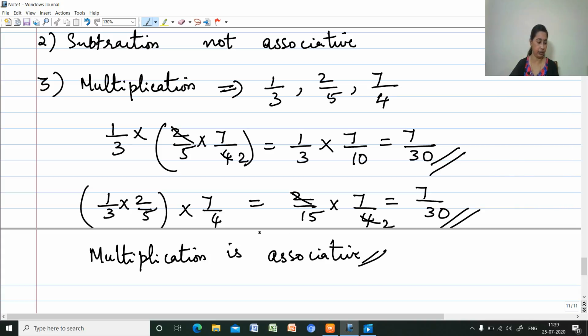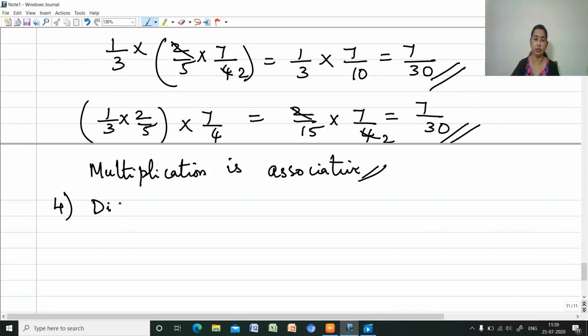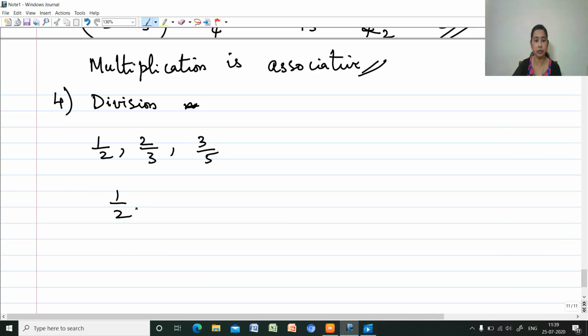Whereas division, if we are checking also, we can say that division will not be associative. Dividing three rational numbers, it will not be associative. We'll check it. So we'll consider three rational numbers. Let it be 1 by 2, 2 by 3 and 3 by 5. So if you are dividing this, that is 1 by 2 divided by 2 by 3 divided by 3 by 5.